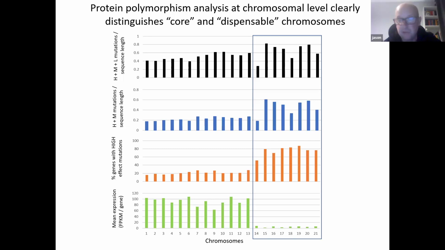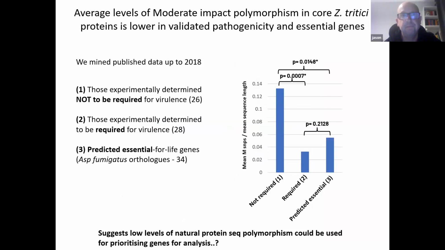And you get a mirror image when you look at the gene expression of every gene averaged out on those chromosomes, whereby those small chromosomes hardly express at all relative to the average expression on genes on the core chromosomes. So this was a clear compartmentalization, which we'd suspected and had been partially reported before, but a clear compartmentalization of the function and structure of the core and accessory chromosomes of the pathogen.